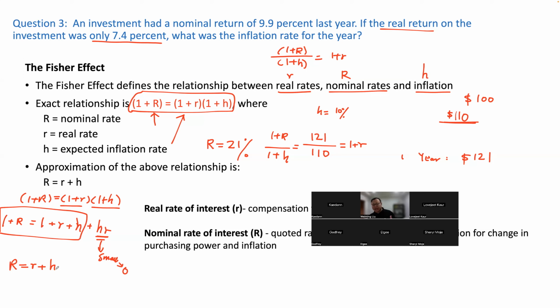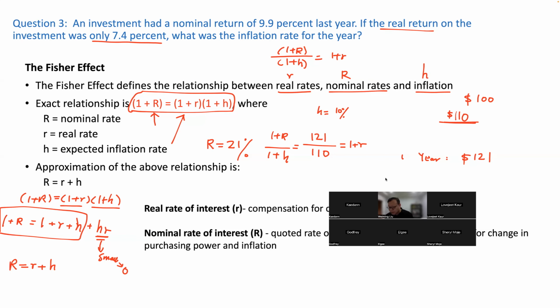If you really want to calculate most accurately, you don't neglect this term. But if you want a rough approximation, you use big R equals lower r plus h. Does this make sense? So 1, 2, 3. Okay, good. So now this question is much easier, right? So 1 plus my nominal return, this is big R, 9.9, so that's 0.099.